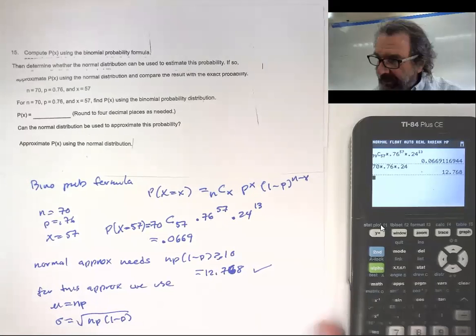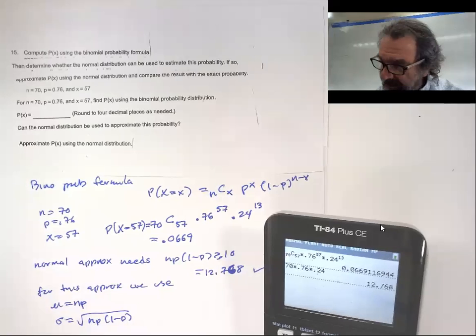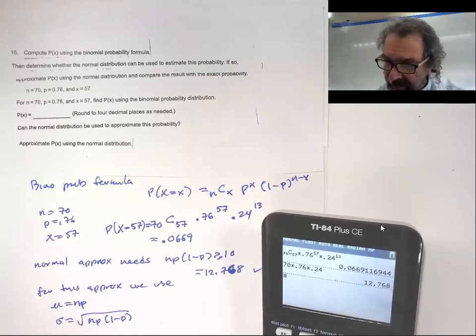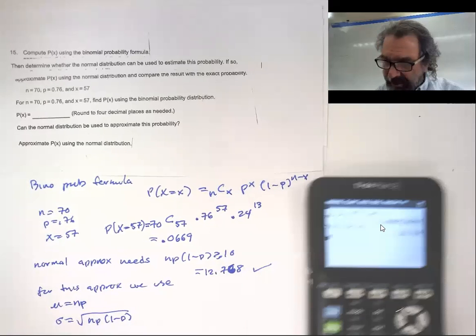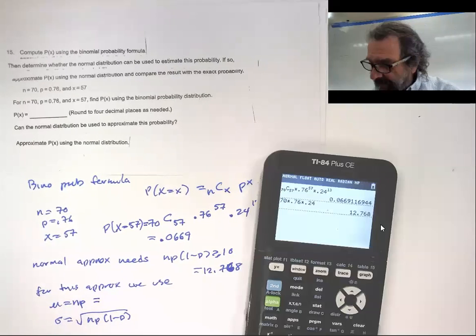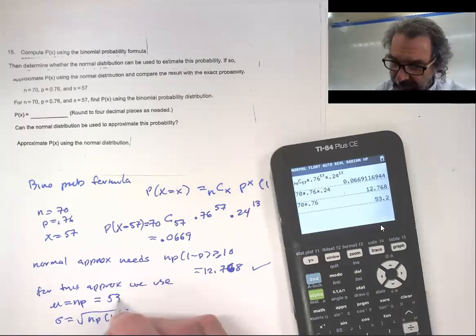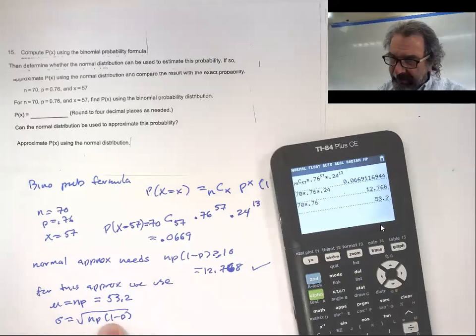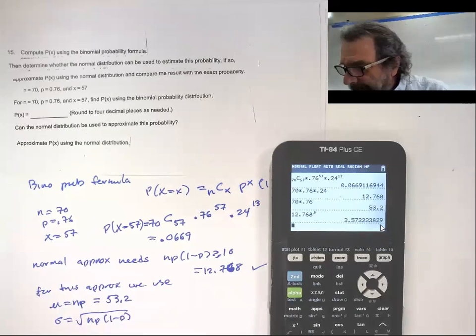I'm taking a look at my numbers again. 70 is N. P is 0.76. And 1 minus P is 0.24. Okay. Just doesn't look right, but I hope it is. So here N times P is 70 times 0.76. That's 53.2. And now this sigma is the square root of 12.768. Raise it to the 1/2 power. 3.57.